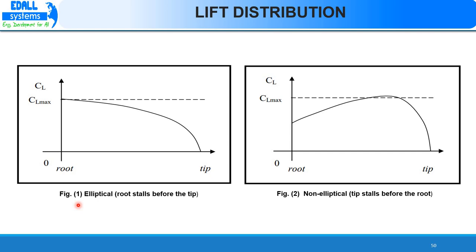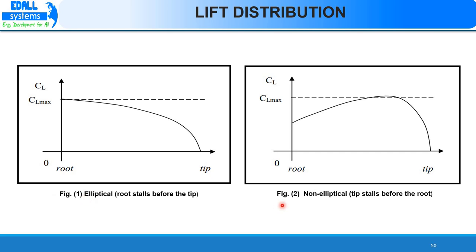The wing tends to stall. The wing root stalls before the wing tip, which means CL root will be equal to CL max and CL tip is less than CL max, and the lift distribution, as you can see, is elliptical over the half wing, as shown in figure 1.